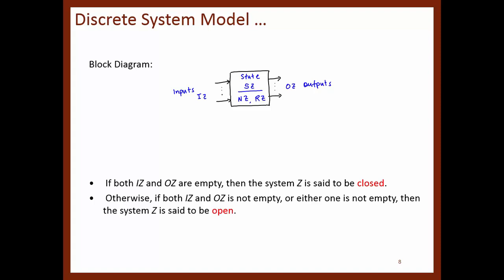So for instance, if you are looking at an HVAC system, maybe if you go from one level of temperature to another, you might need to trigger a change in your state. Maybe you need to go from off to on, but also you have to send a message. So maybe you have to tell the user that the temperature is moving from this point to this point. That's what we're trying to represent here.